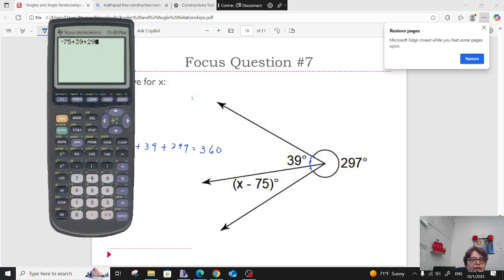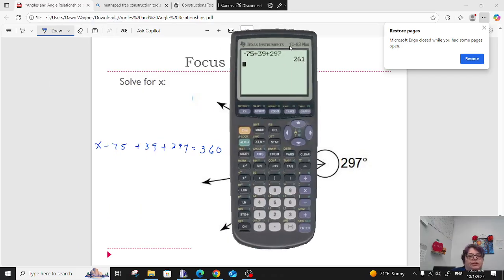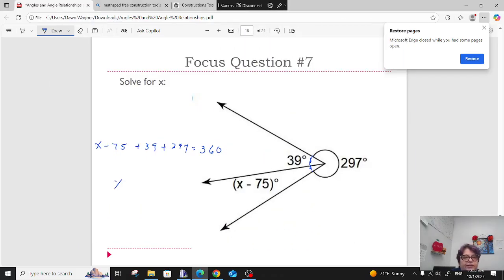Plus 297 has to equal 261. So I have x plus 261 equals 360. And now I'm going to just subtract the 261. So what does it equal? 99.